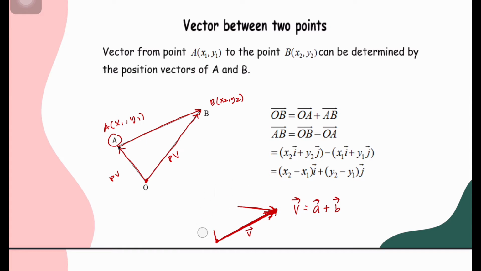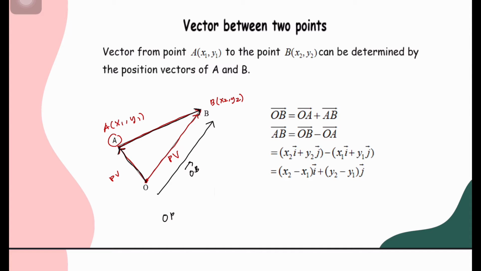Now, from this triangle where we have the origin, point A and point B, you can see that we can find the position vector OB by adding the position vector OA with the vector AB. So OA plus AB gives you OB.